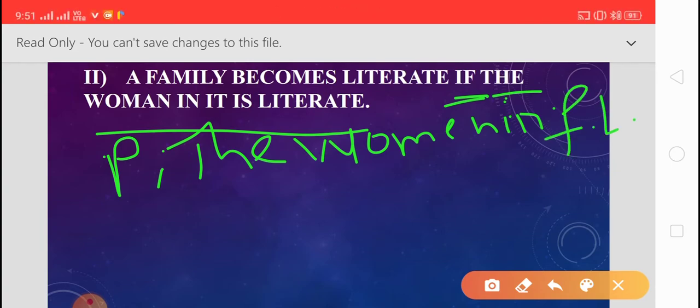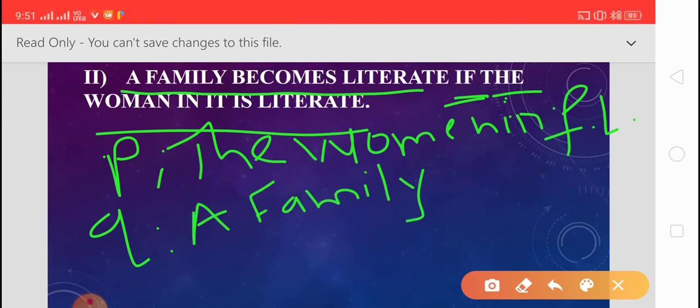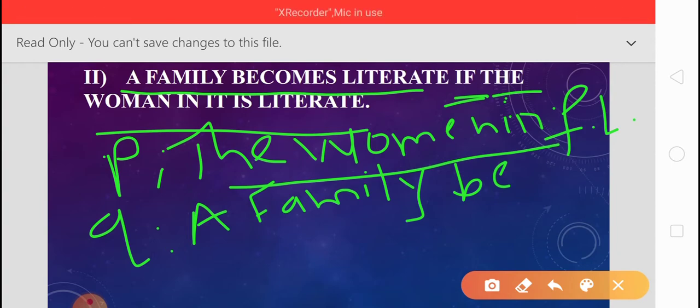This is the P statement. Now write the Q statement. Yes, a family becomes literate. So remember this P and Q: P is the woman in the family is literate and Q is the family becomes literate.